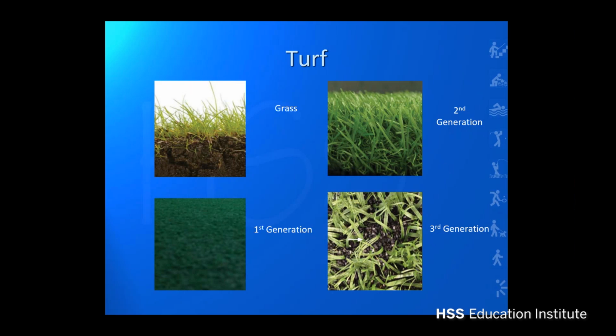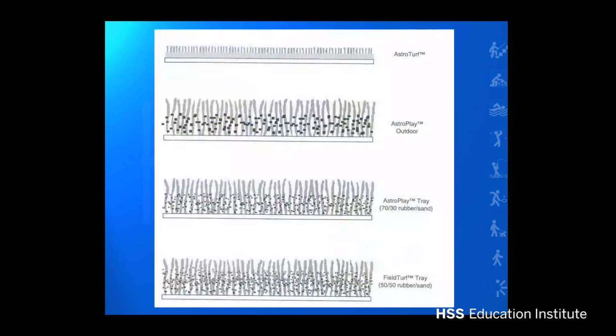The whole goal is to try to replicate grass, which is both the grass and the dirt underneath. People have played with the infill, so you can start with nothing, and now they have all these various types of infills. All these things do is change the material properties of what you play on, and ultimately change how it feels to play on and how, quote unquote, sticky the surface is.